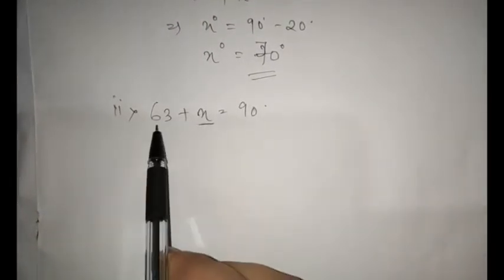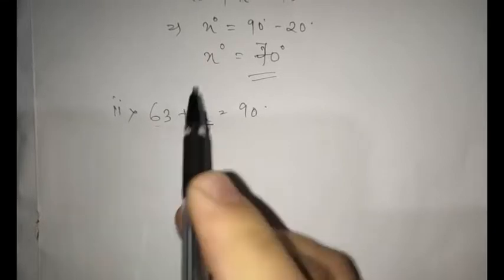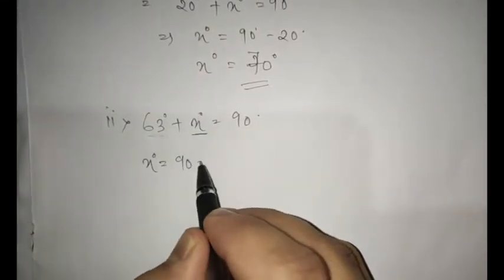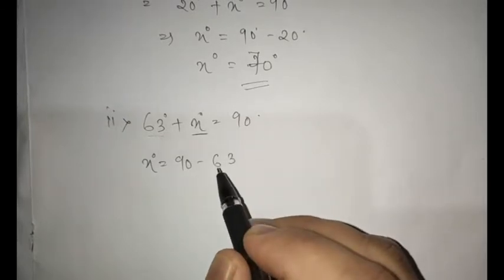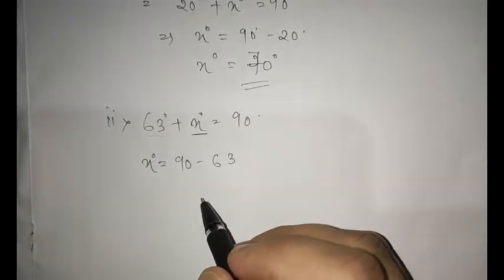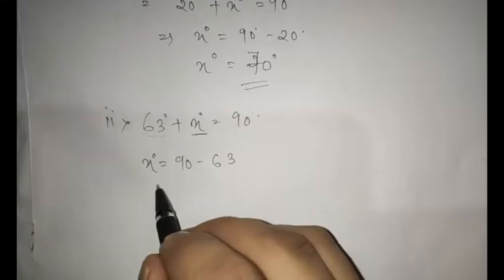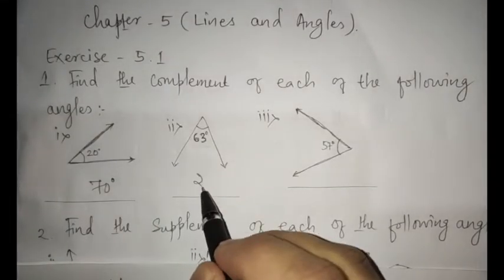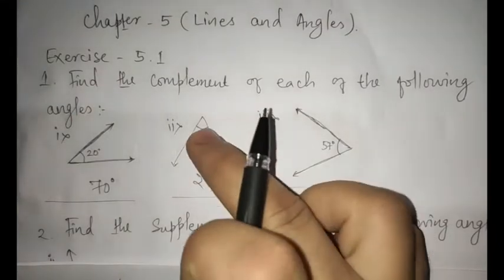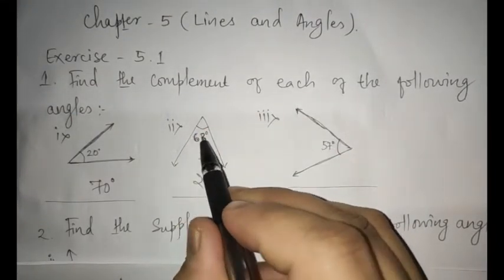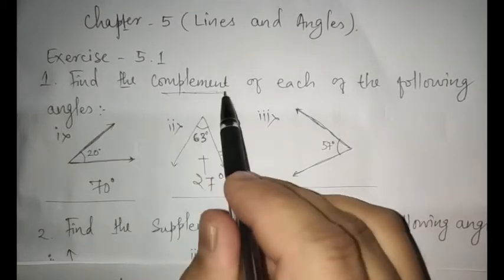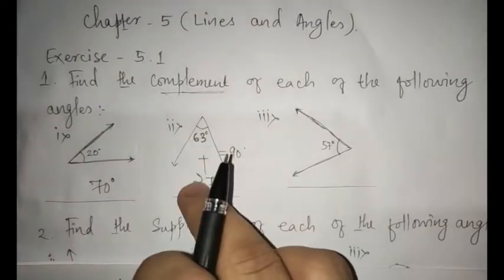So x is equal to 90 minus 63. 90 minus 63 will make what? 27 degrees. Yes, absolutely. So your other angle is 27 degrees. If you add 63 plus 27, it will make 90 degrees. That is the complement of this angle.